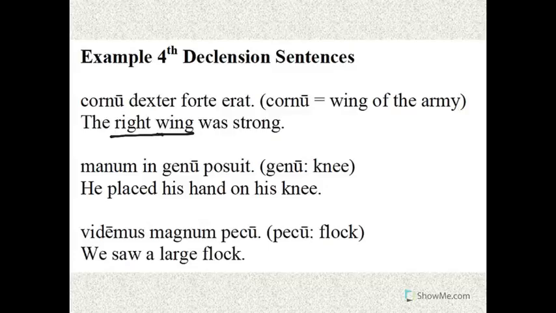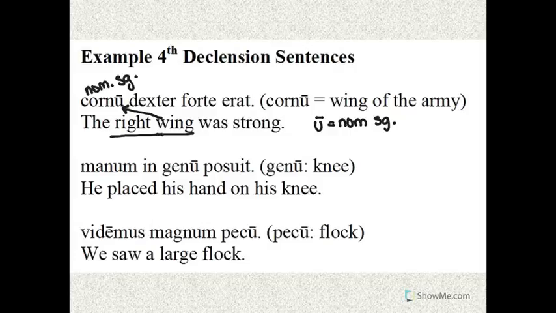Specifically, our noun wing is the nominative. Okay, that means that this form, cornu, must be the nominative ending. And the word wing here is singular, so cornu must be a nominative singular ending. I'll go ahead and write u is nominative singular.